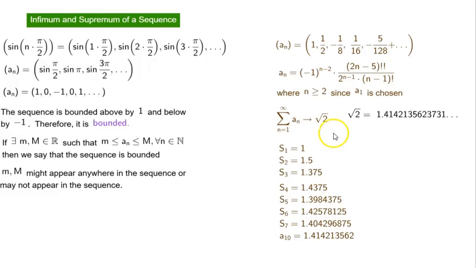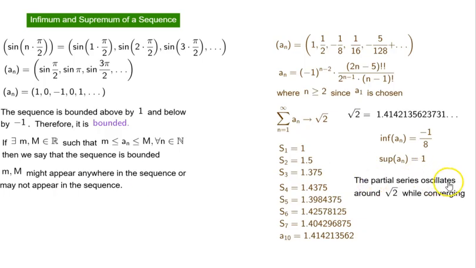So in the previous example, we saw that the terms approach root 2. Here the difference is the partial sums approach root 2. And here in this sequence, infimum of a sub n is equal to minus 1 by 8 and supremum of a sub n is equal to 1. Actually, a sub n, whatever we choose as the first term, will be the supremum.